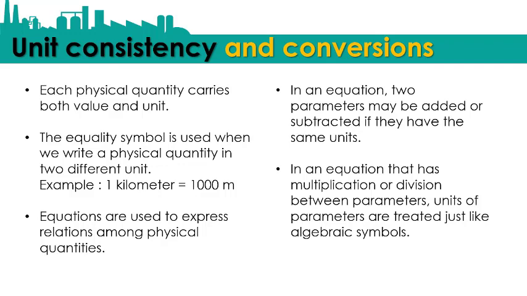In an equation that has multiplication or division between parameters, units of parameters are treated just like algebraic symbols. Let's discuss several examples on unit consistency and conversion in the following slides.